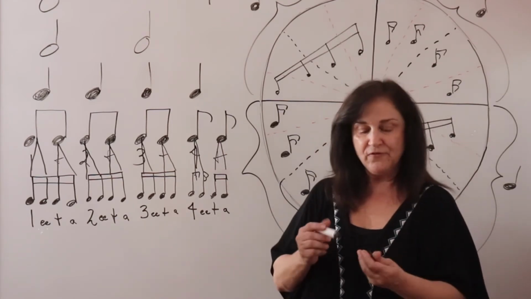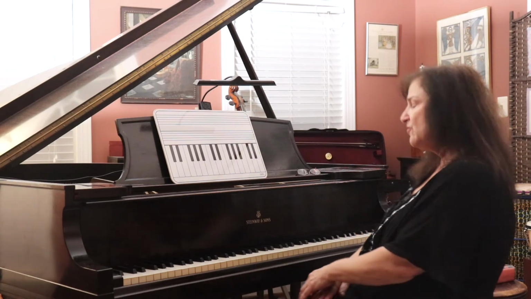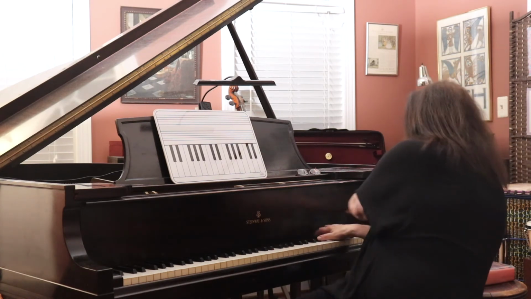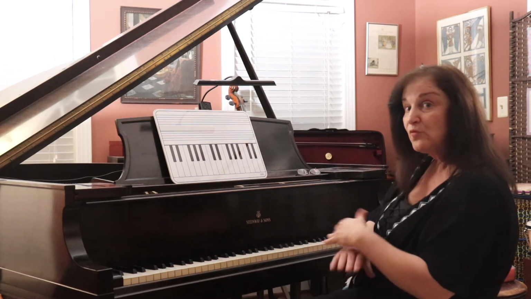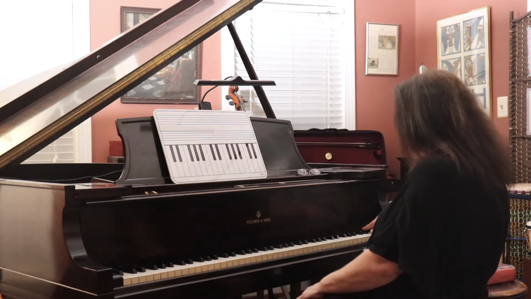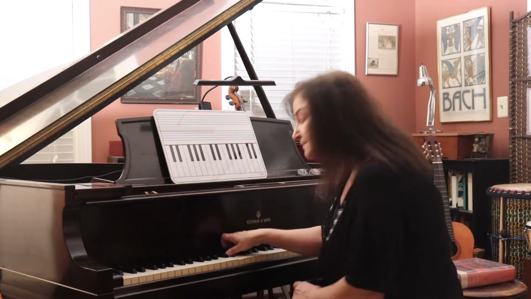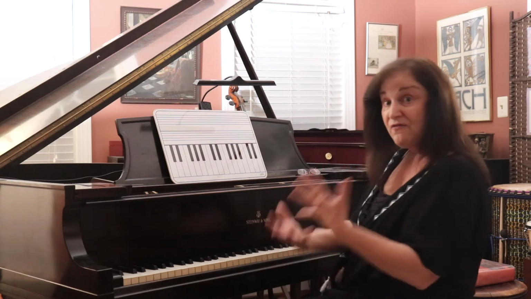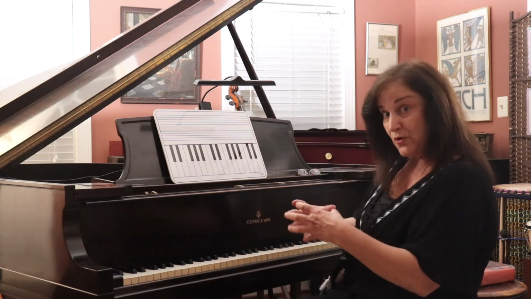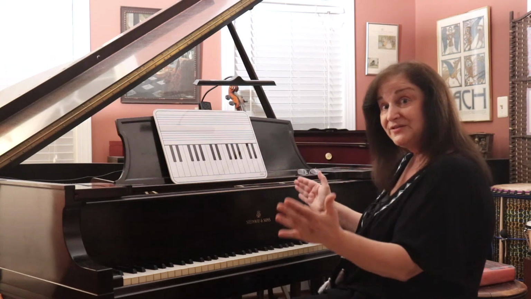I'll demonstrate that for you right now. So this is an example of 128th notes. Really fast in succession with each other. Now the next notes are 32nd notes. And that's how fast those subdivisions are, all within 4 beats.